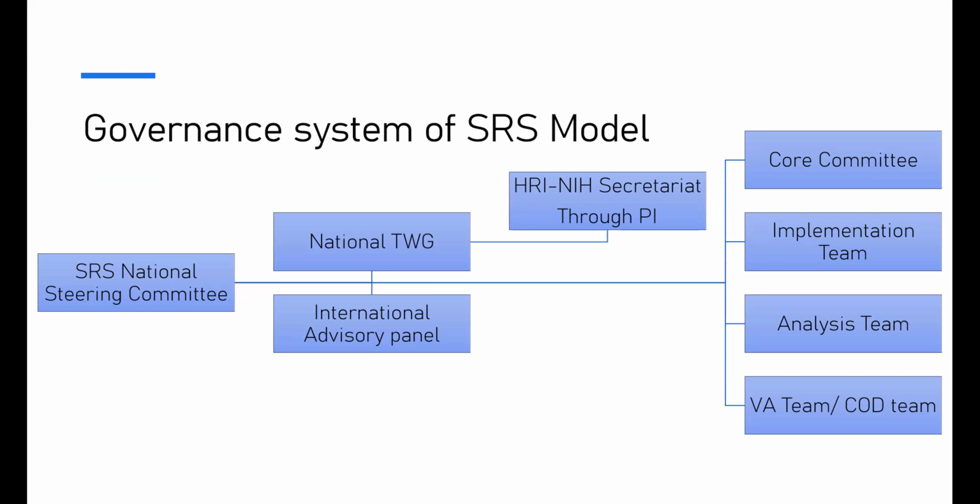So first of all, we have created a national steering committee, which has all the provincial stakeholders involved, and all the higher hierarchy people like secretaries and ministers to be a part of it. Alongside that, we are going to have a national technical working group and an international advisory panel to guide us through the secretariat, which is going to be within NIH, where we belong, and then we are also having core committees: implementation team, analysis team, VA team, and cause of death team.